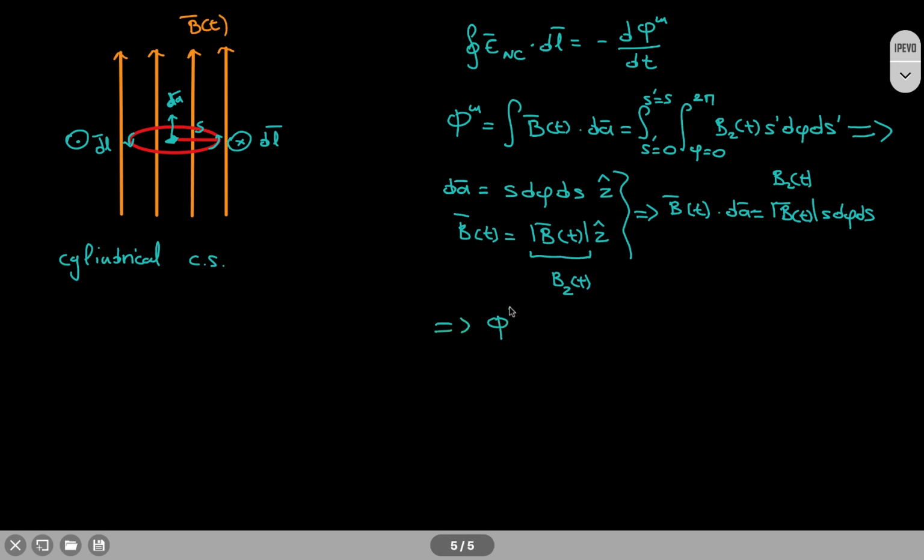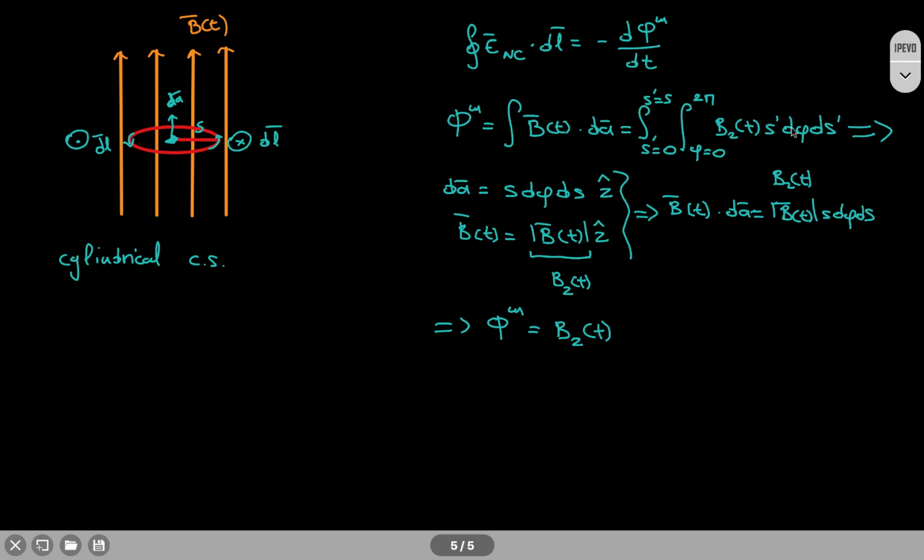This will give me a magnetic flux that is bz as a function of time. One thing to keep in mind for this example, the magnetic field is uniform in the area of this loop, but it changes with time.